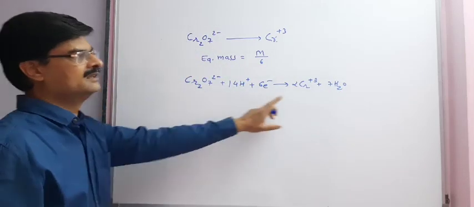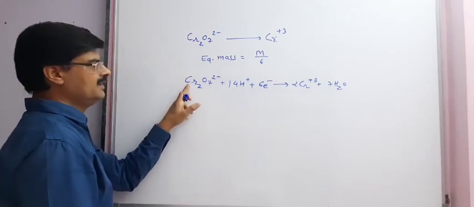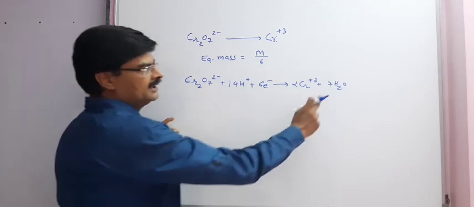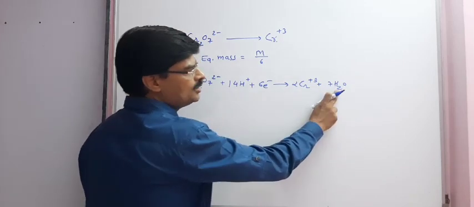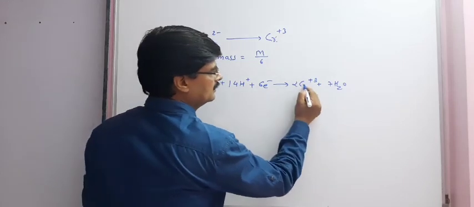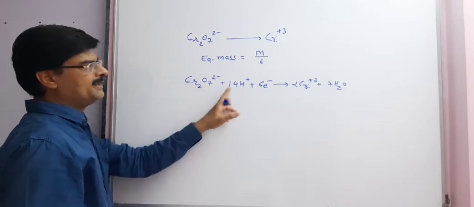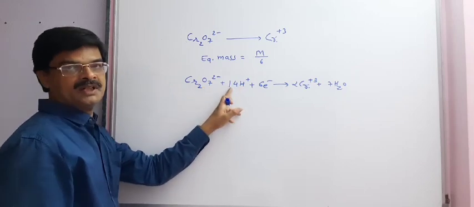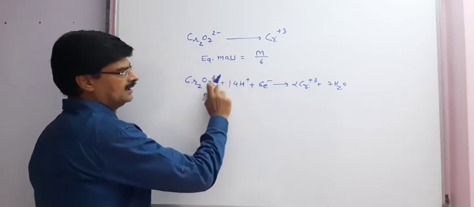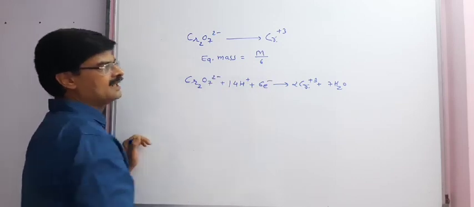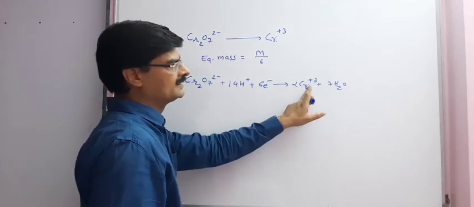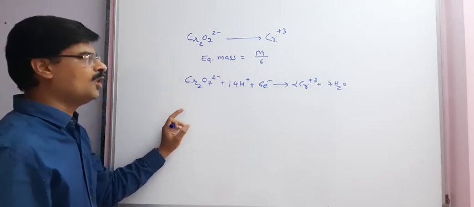First we will understand the balance of this reaction. 2 Cr, oxygen 7, here also oxygen 7, hydrogen 7 twos are 14 on the right hand side, and on the left hand side also H is 14. As far as charge is concerned, 14 plus and minus 8, we will get 6 plus, and on the right hand side also 2 threes are 6. That is why it is balanced in all manners.